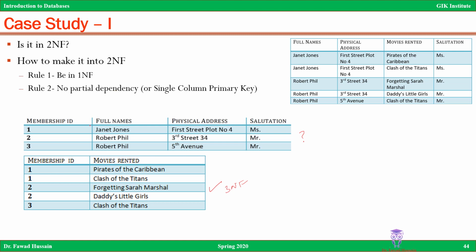So if I look at this, apparently name and salutation can all depend on the membership, physical address depend on the membership, it's fine. But there's a problem here. Suppose this person, for instance, changes her name, maybe she gets married, and from Miss Janet Jones she becomes Mrs. Janet Jones or something like that.